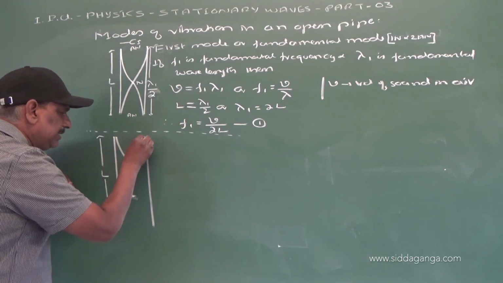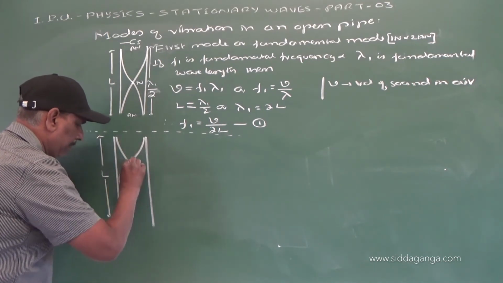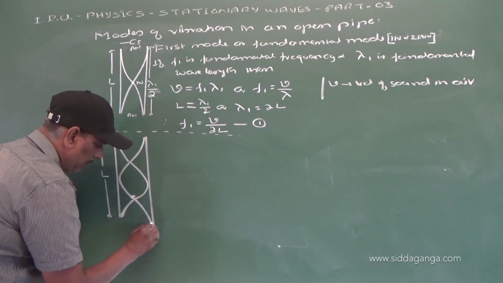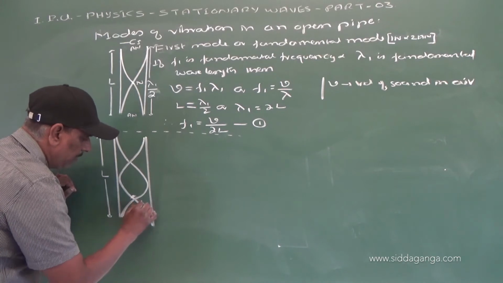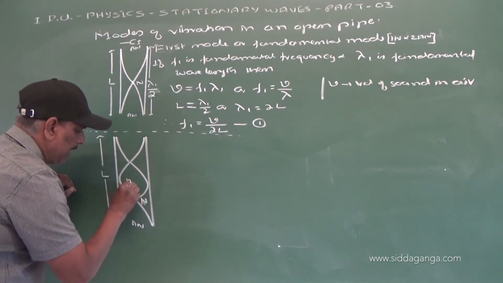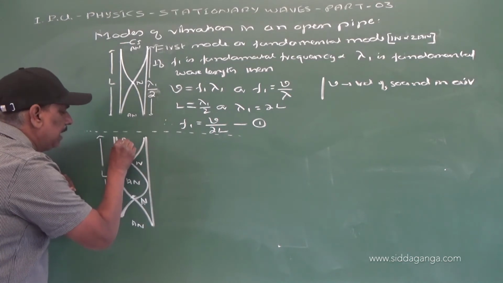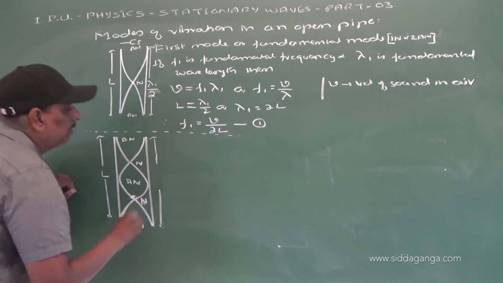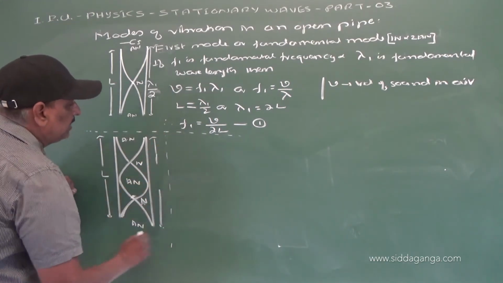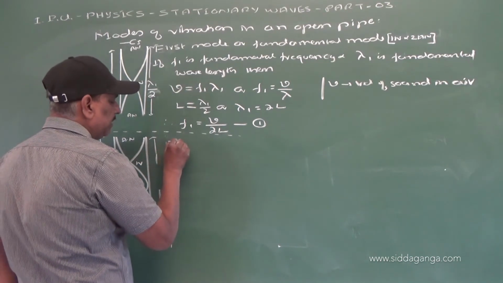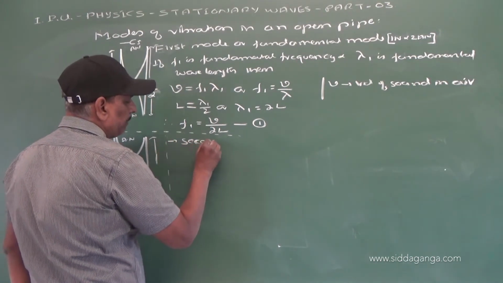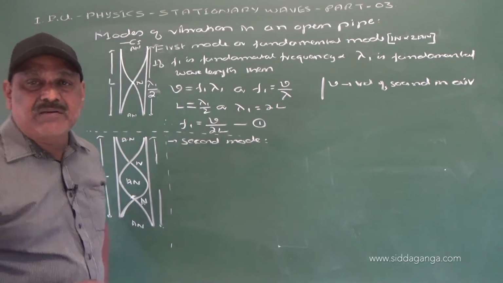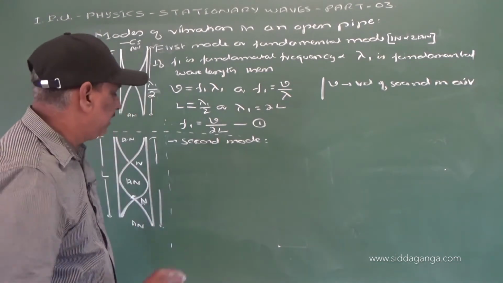Now the pattern is like this: antinode, node, antinode, node and antinode. As the mode changes, this is called the second mode of vibration, and the second mode of vibration has higher frequency.